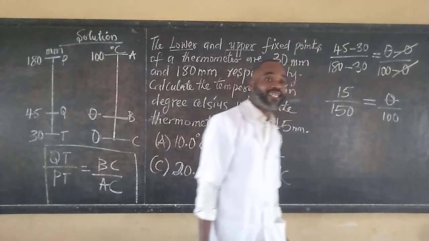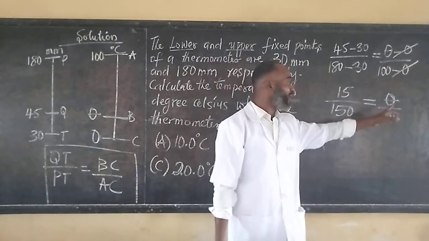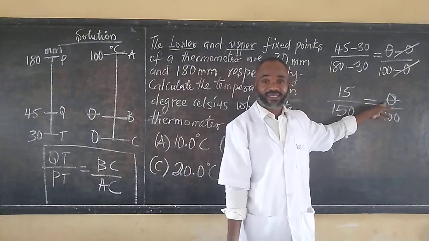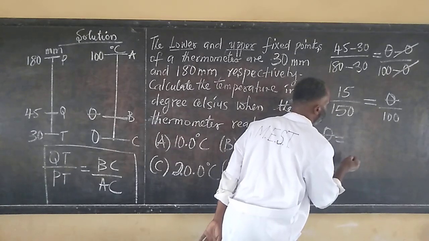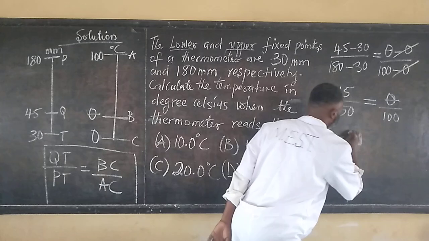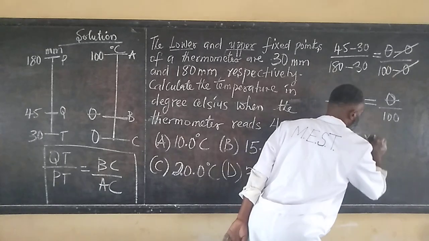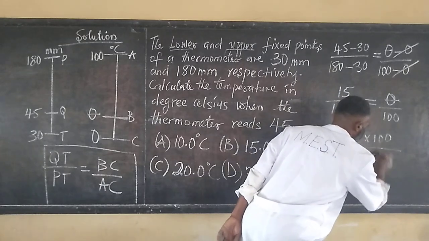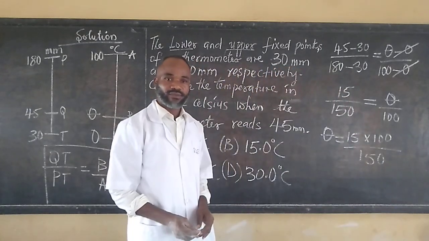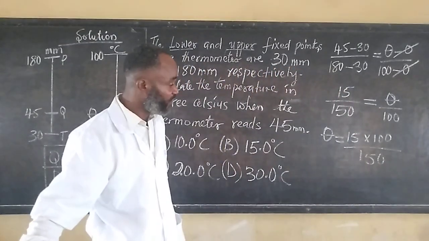So the next thing is to transpose and make theta the subject, and it becomes theta is equal to, watch this, 100 comes to this point, becomes 15 times 100 all over 150 remains. Look at it very well.